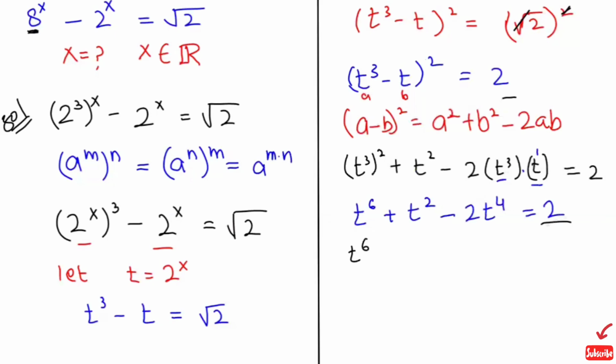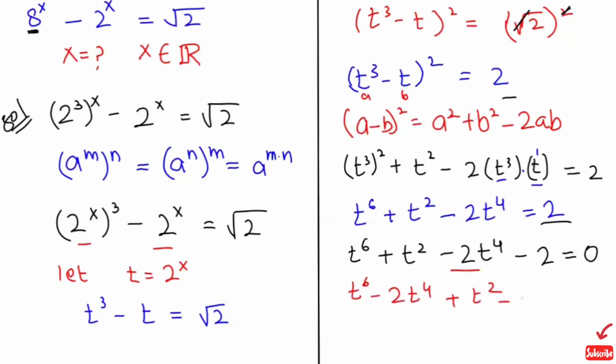Now we take this 2 to the left hand side. t to the power of 6 plus t to the power of 2 minus 2t to the power of 4 minus 2 is equal to 0. Now I will rearrange: t to the power of 6 minus 2t to the power of 4 plus t square minus 2 is equal to 0.